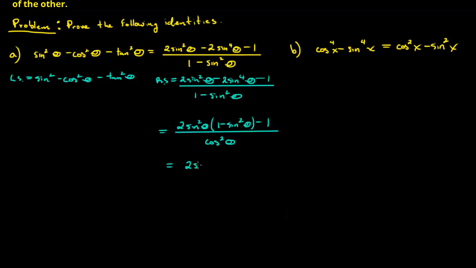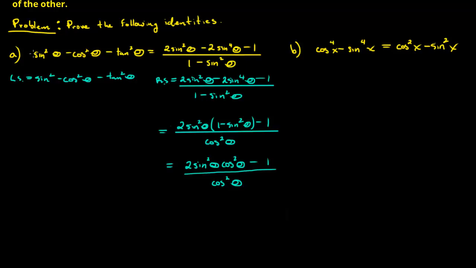So I have 2 sine squared theta times cos squared theta minus 1, all divided by cos squared theta. Now that I've simplified this a little bit and reduced the degree of this term, is there a way that I can make the left side look like this?